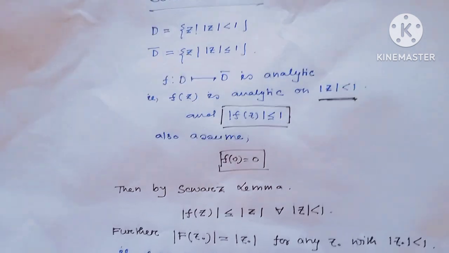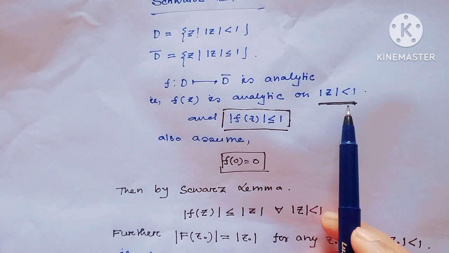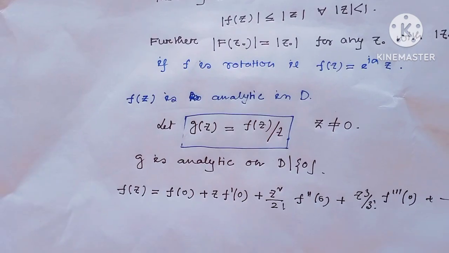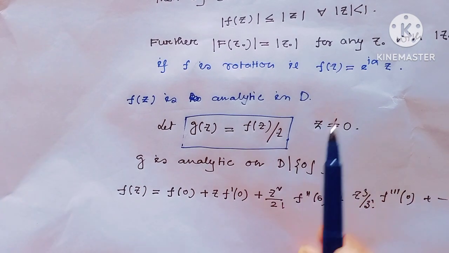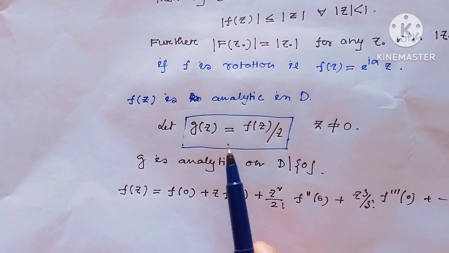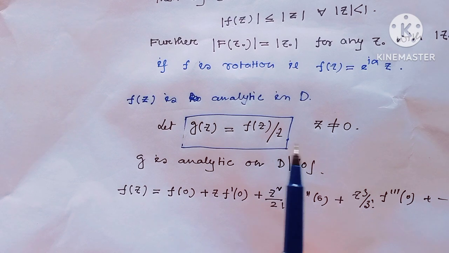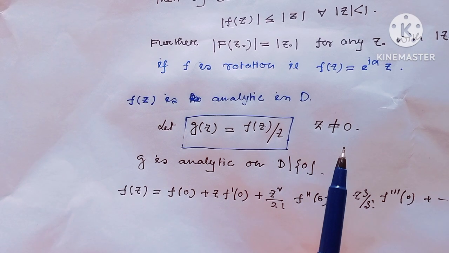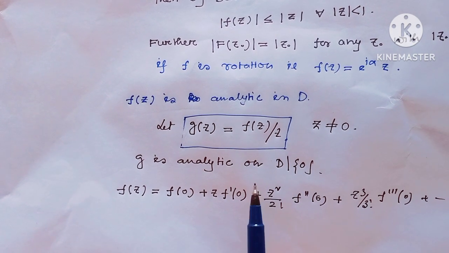Since f(z) is given analytic on modulus z less than 1, therefore f(z) is analytic in D, and consider g(z) equal to the new function f(z) over z when z not equal to 0.